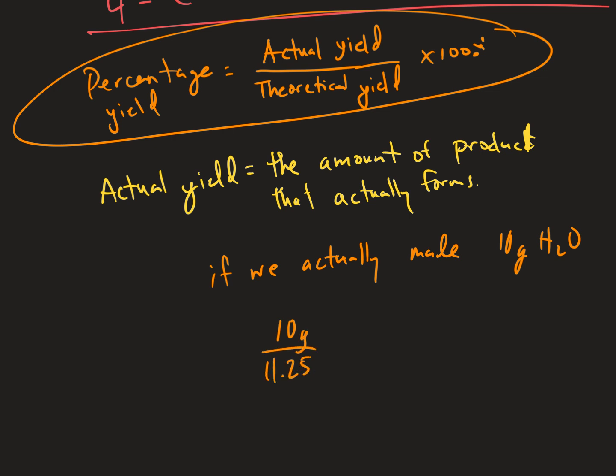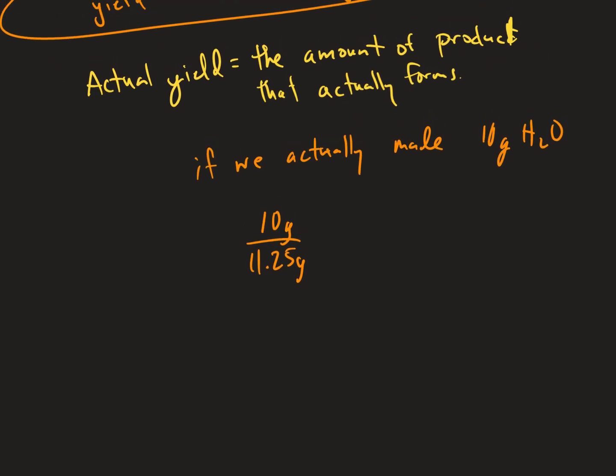Was it 11.25? Yes. Okay. And then we times that by 100, just like we do on a test. No different. And what'd you get? 88.9. 88.9%. That's rounded from the significant figures. Okay.